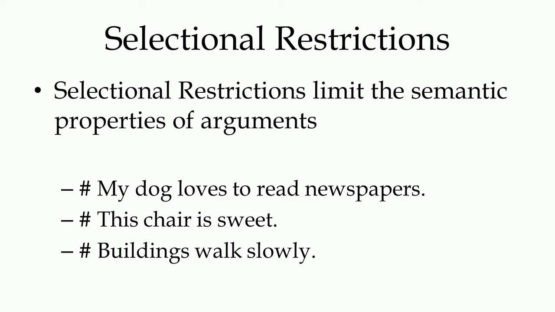In the second sentence, this chair is sweet. There is a mismatch between the adjective and the noun. That is, they do not fulfill selectional restrictions. They do not fulfill selectional requirements, and because of the violation of such a requirement, this sentence is unacceptable.